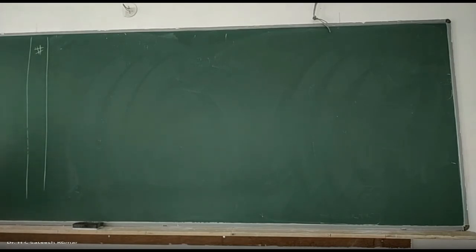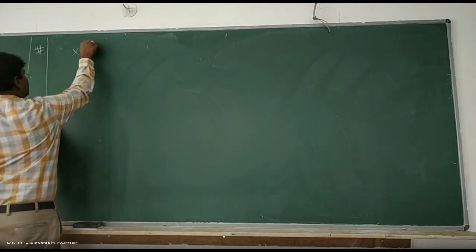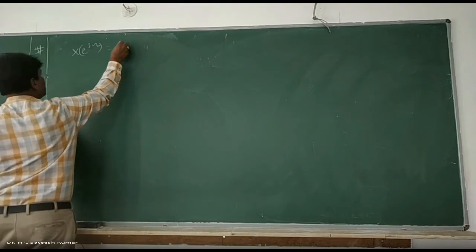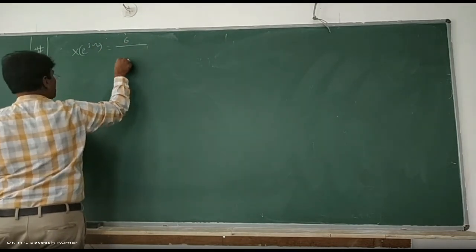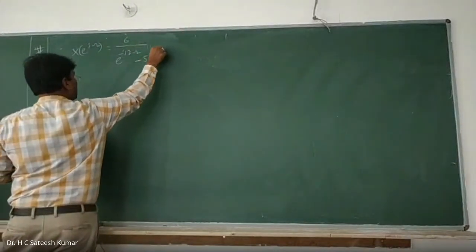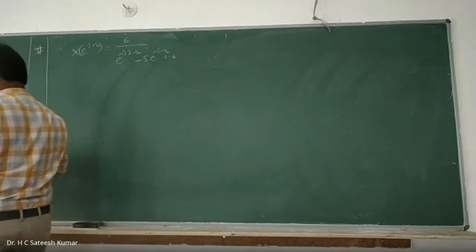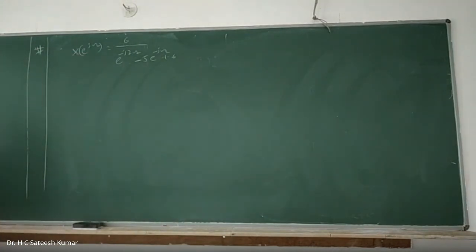Find the inverse DTFT of the sequence x of e to the power of j omega equal to 6 divided by e to the power of minus j2 omega minus 5 e to the power of minus j omega plus 6. Okay, right. So how to do this? We have a standard relation.